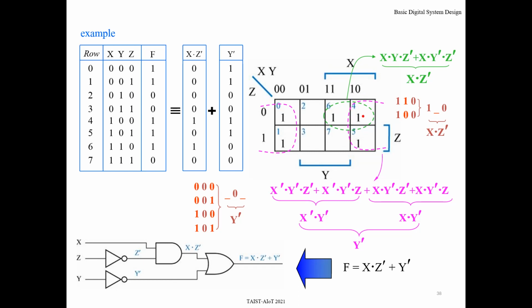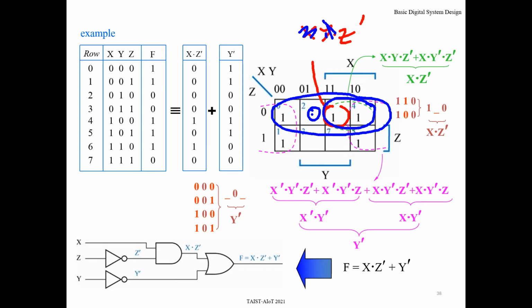If you remove more variables, for example, this cell is 110, x y z'. If you remove y, it covers these two cells. But if you remove x, for example, now it also covers this 0 cell. That means it's not independent. So the biggest one is this one.